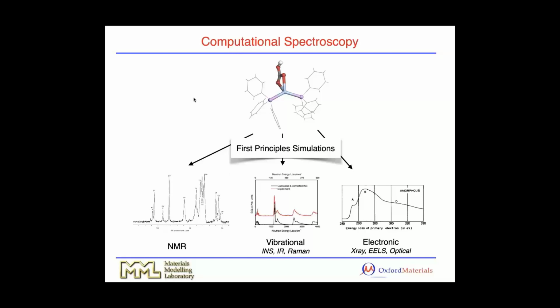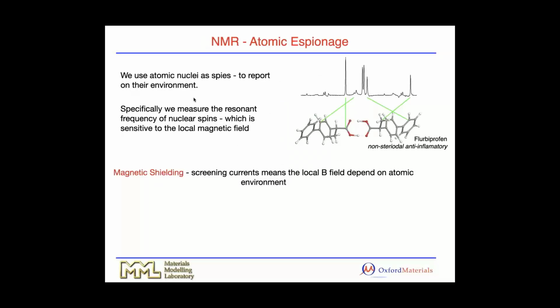It could be electronic spectroscopies, things like X-ray or EELS that we might see in an electron microscope. CASTEP as a software program is able to predict all of these different types of spectra from a common crystal structure, so it's rather powerful. But I'm going to focus this morning on NMR.